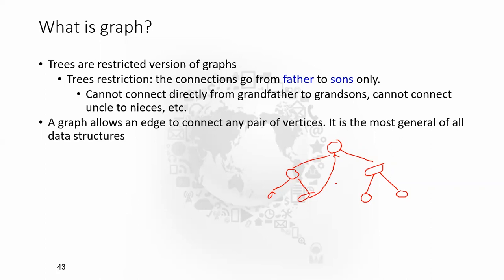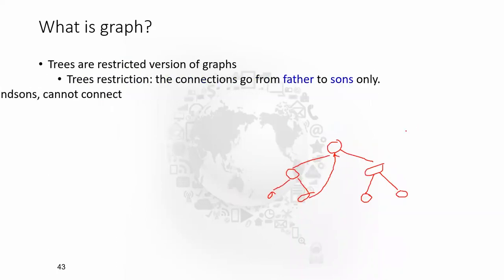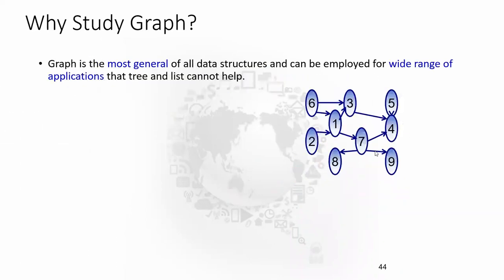So a graph doesn't have these kinds of restrictions. It allows an edge to connect any pair of vertices. It is the most general of all data structures. It doesn't have a hierarchical form; it can be in any form. But of course, when you connect it, it has to follow certain rules that you set for the data.